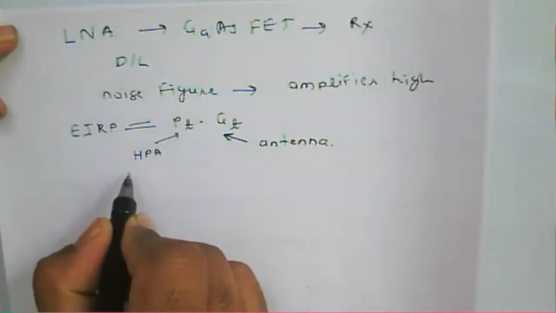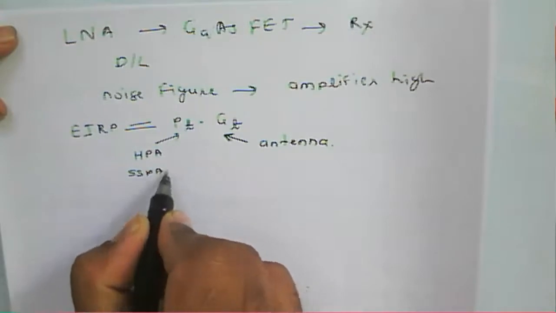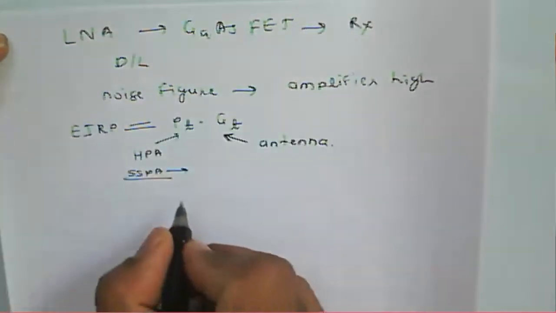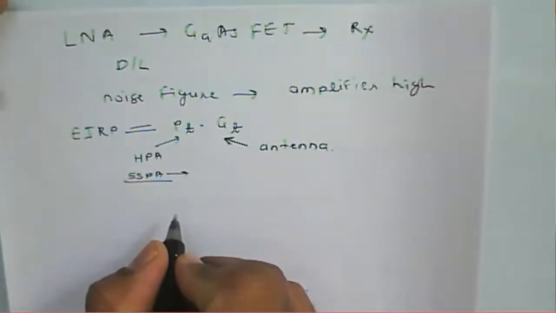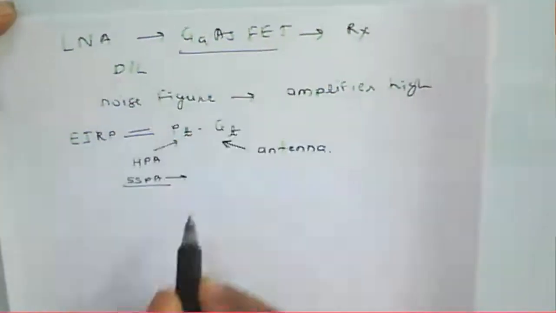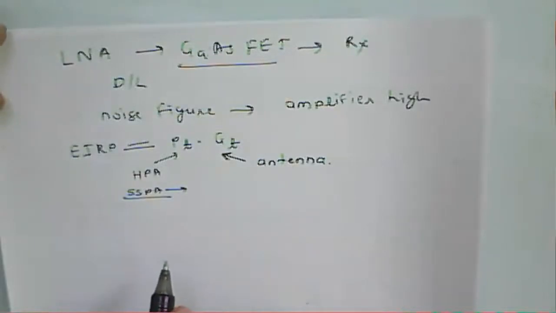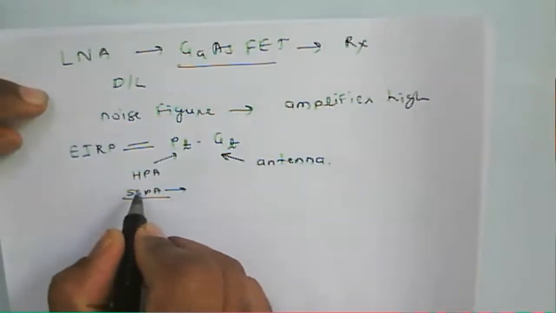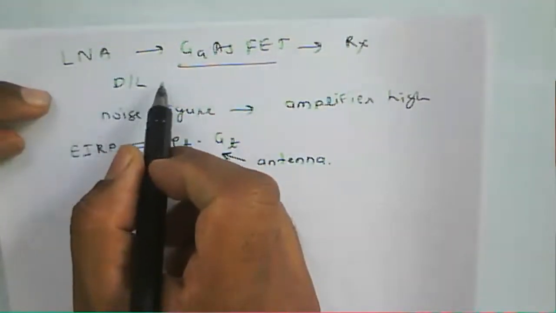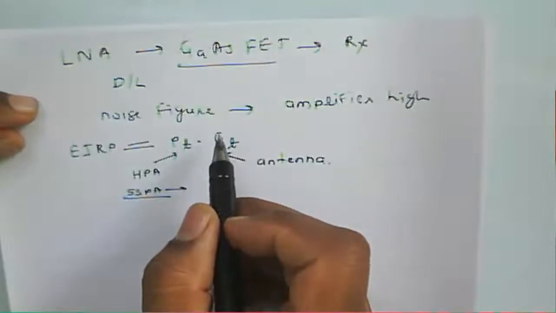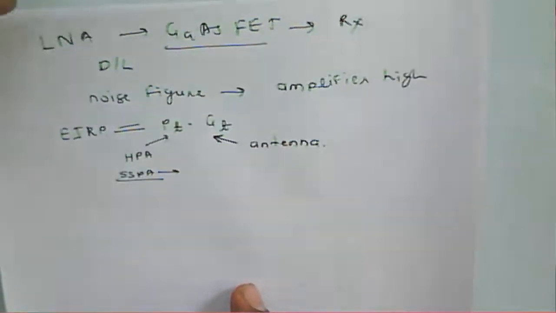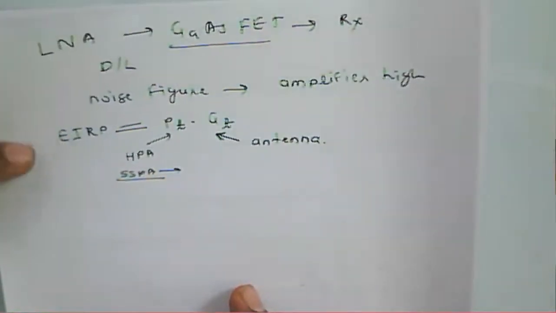Similarly, the same concept applies to a low noise amplifier designed using gallium arsenide FET. If it has high electron mobility, then this LNA can be used as a good receiver. That is about amplification at the receiver.